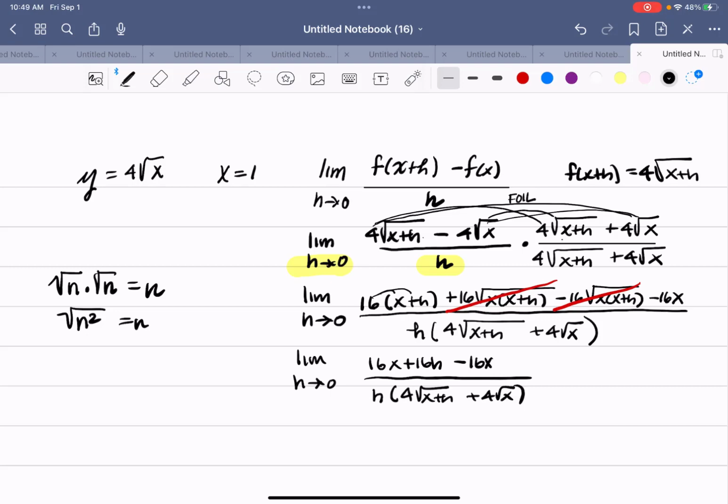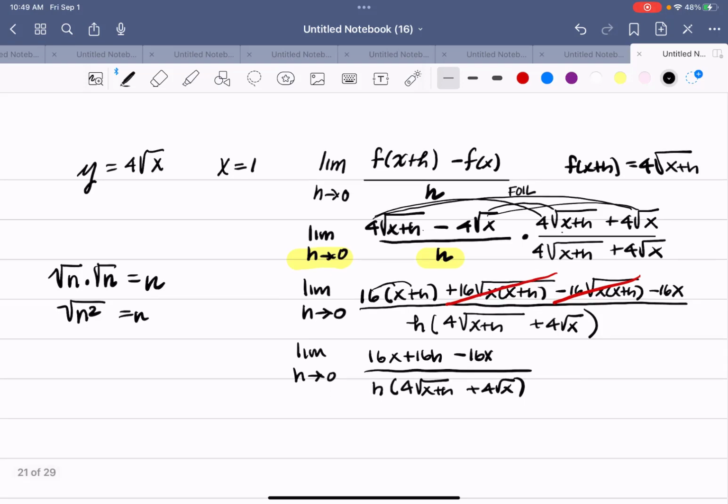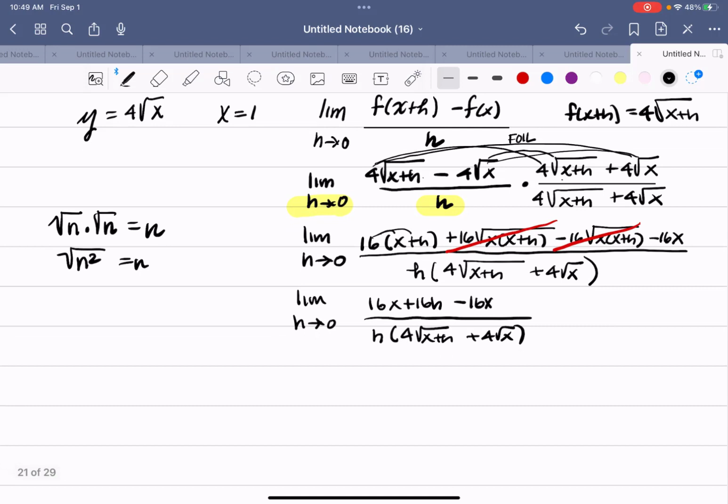Now, I'm not going to multiply that h through, and you'll see why. These 16x and minus 16x cancel out, and once simplified, I've got a 16h divided by an h times 4 square root of x plus h plus 4 square root of x, and these h's will divide out.